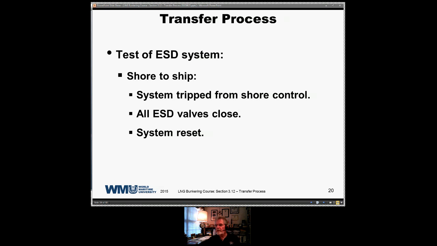They give a notification, do a countdown, trip, the shore acknowledges, and the ship acknowledges that they've received the trip. Once all valves that are supposed to close are closed, each side acknowledges that their system is in a shutdown state, and we once again reset the system, putting it into its active state.